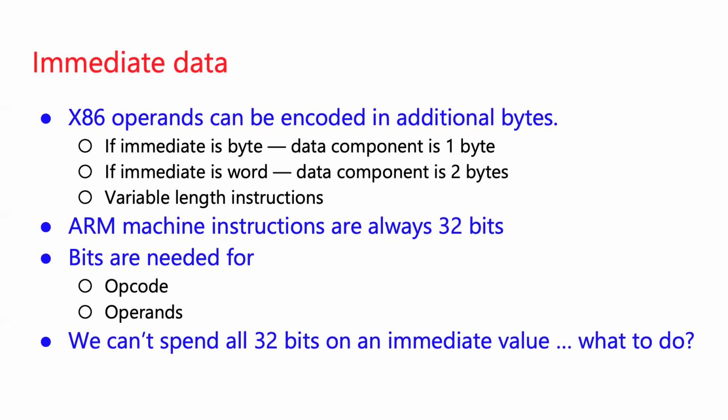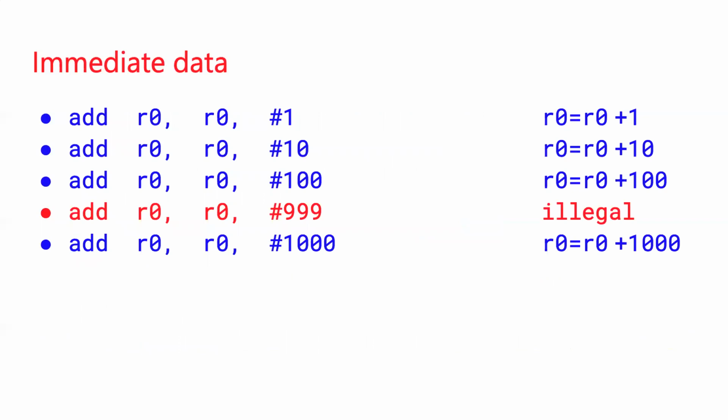But if all instructions are 32 bits, then that's going to limit how much immediate data I can put in the instruction. For instance, if I had an immediate value that was 32 bits, that would use the whole instruction. I wouldn't have any bits left over for anything else. If you back up and look at these examples, those 32 bits have to say what the instruction opcode is.